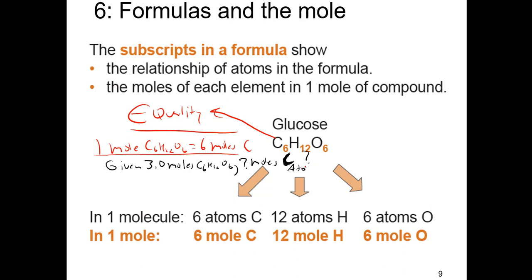And we'll usually say something like this, moles of carbon atoms. Moles of carbon atoms. So I really should say that because it's the number of atoms within the molecule.